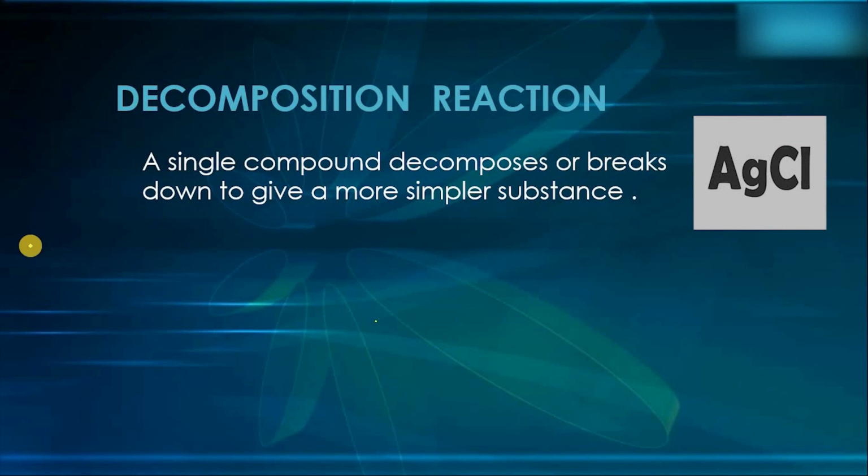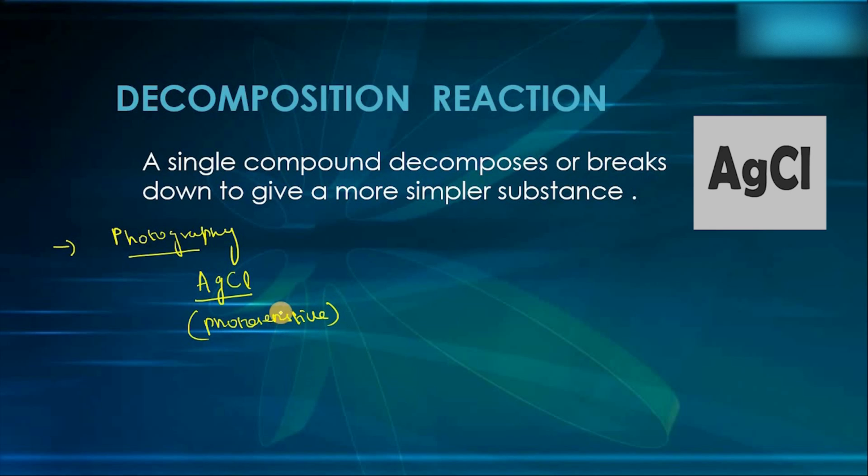Now let me take another example. This is a kind of reaction that is used in photography as well, that is in black and white photography. The example is again of decomposition reaction. In this reaction, my initial reactant is AgCl, which is photosensitive in nature. Means it is sensitive to light energy.